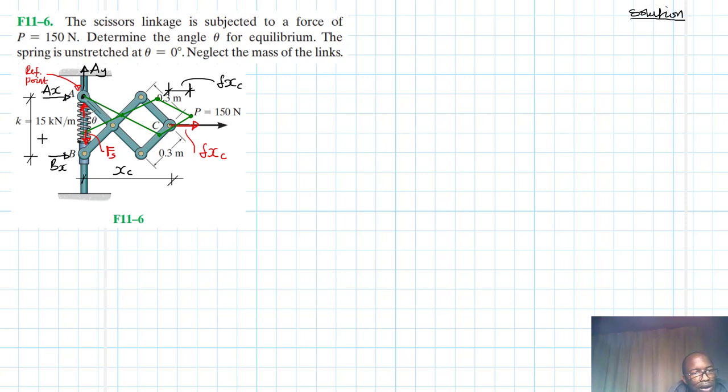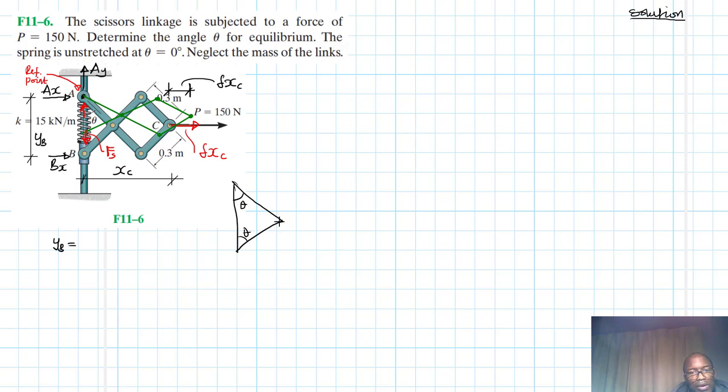Let's call this one YB. With that, now let's write the expressions. For YB, what is that length? We have something like this, and then we have theta here, and also theta here.